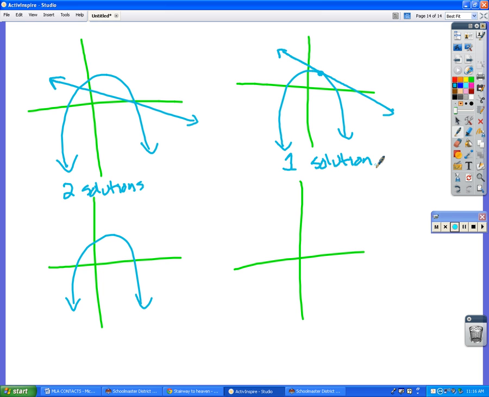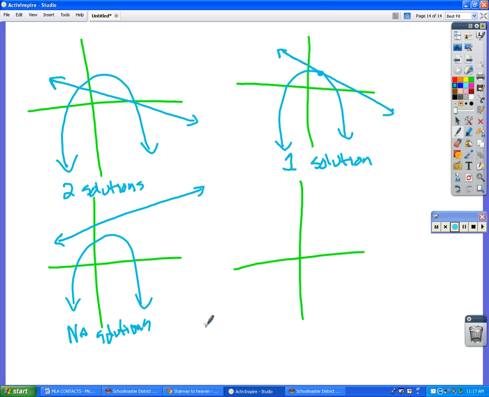Okay? What's another thing that could happen, Brandon? The line could not be touching it. Right, the line could miss the parabola altogether, and in that case you would have what? No solutions.